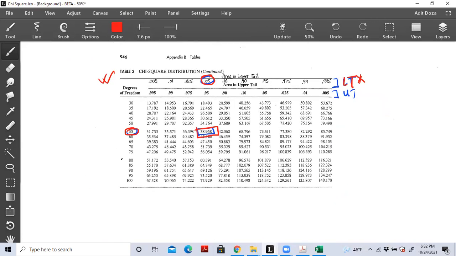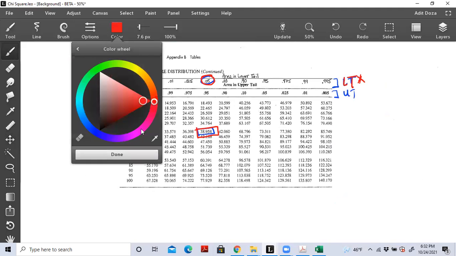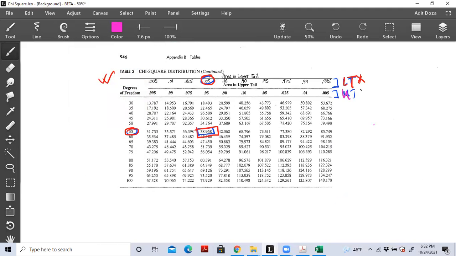It's here. 75. Upper tail is, let's use a different color, purple. Okay. Upper tail is in the bottom. So 0.05 is here, right? 75 is here. What is this value? 96.217.